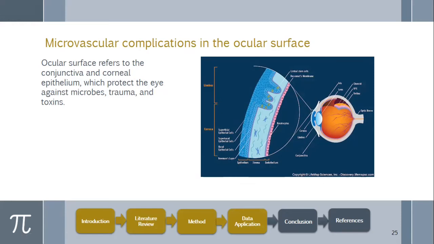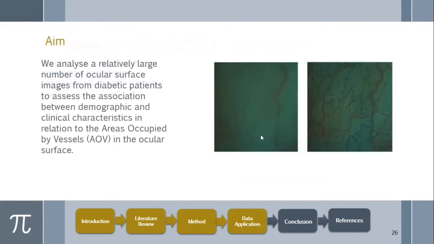And the previous studies show that diabetes can affect this area. So we analyzed a relatively large number of ocular surface images from diabetic patients to assess the association between demographic and clinical characteristics in relation to the area occupied by vessels in the ocular surface.